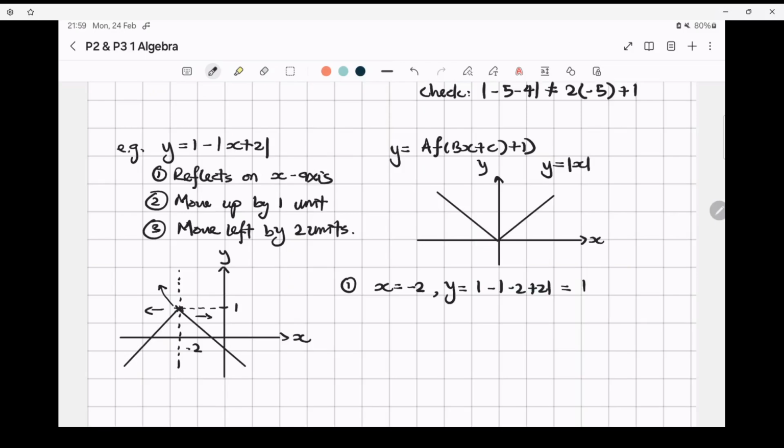So the most important thing for you every time when you start plotting the graph is to find the maximum or the minimum of your function, and then find 1 point to the left of your maximum or minimum, and then this will be 2, this will be 3, 1 point to the right of your maximum or minimum.